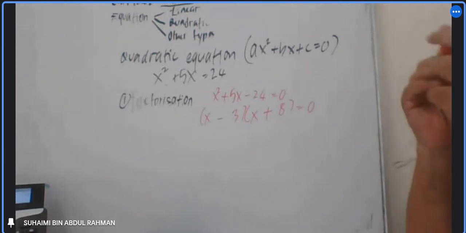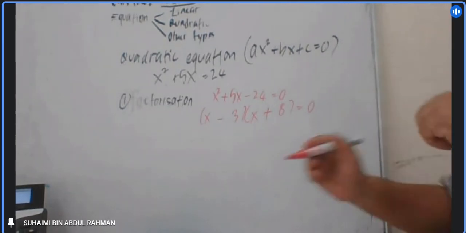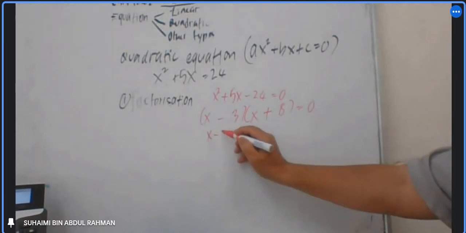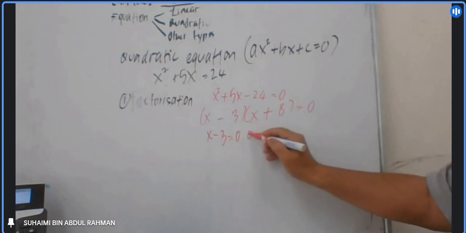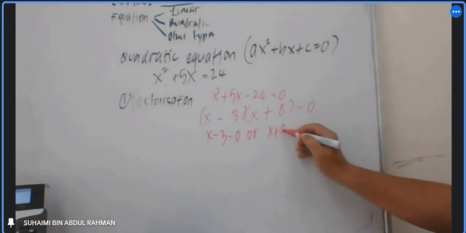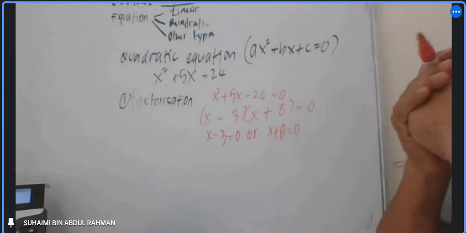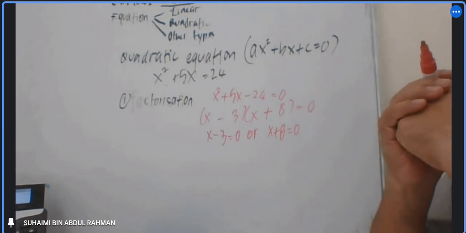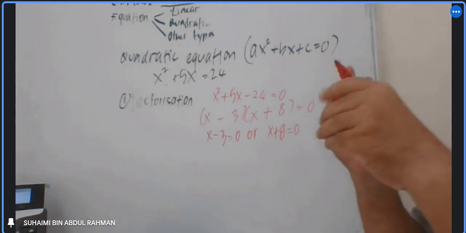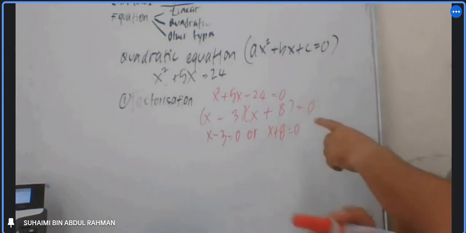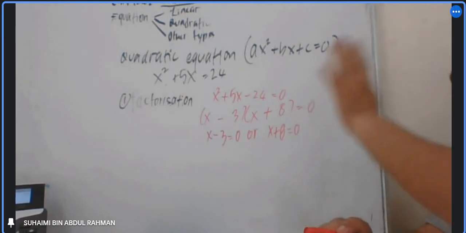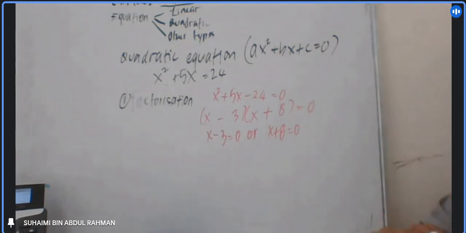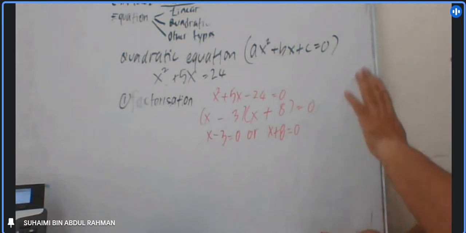Right. Using zero product property, x minus 3 equal to 0 or x plus 8 equal to 0. Using zero product property, we can only use it where our right hand side is 0. If our right hand side is not 0, we cannot use it.